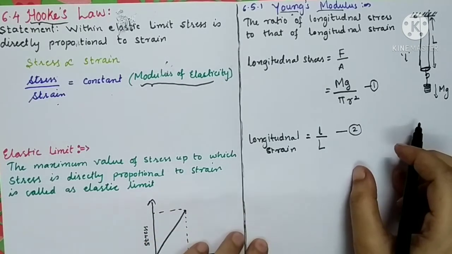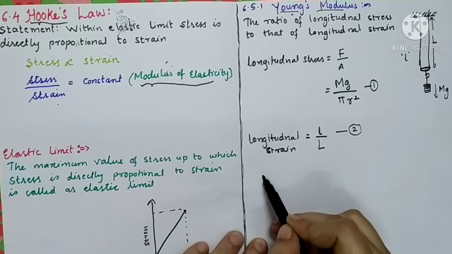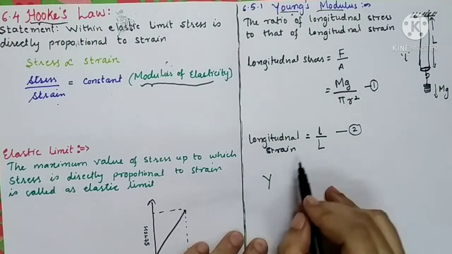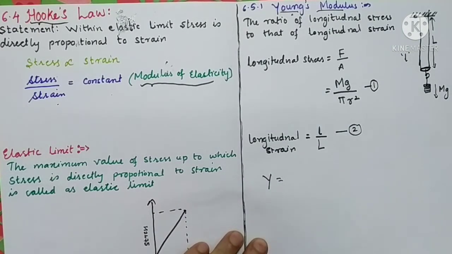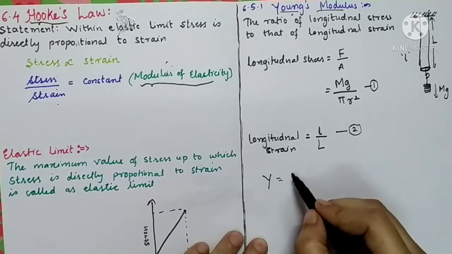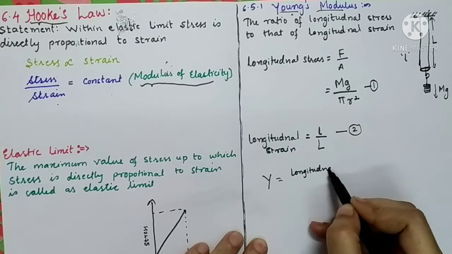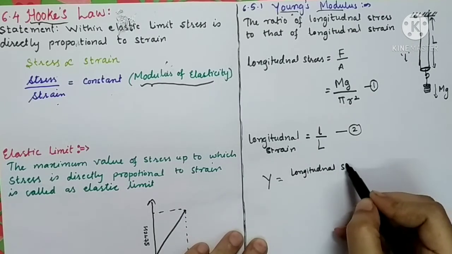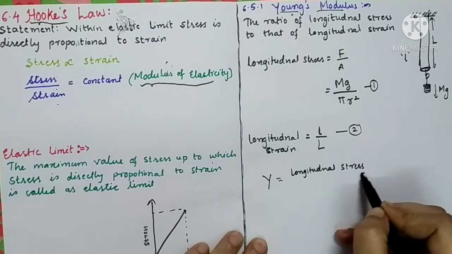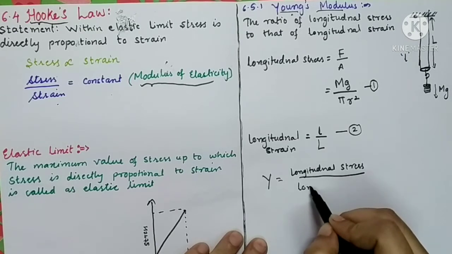Then by the definition, Young's modulus is denoted as Y. It is a ratio of longitudinal stress to longitudinal strain.